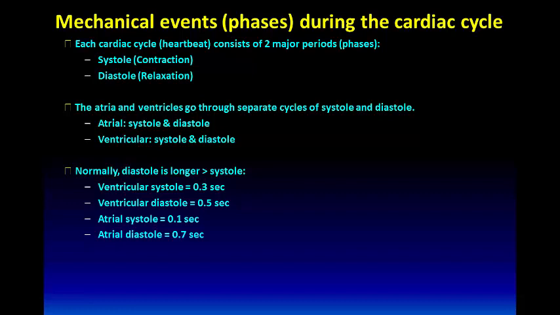The ventricular systole lasts for approximately 0.3 of a second at rest, and the ventricular diastole lasts for 0.5 of a second at rest. Atrial systole lasts for 0.1 of a second at rest, and atrial diastole lasts for 0.7 of a second at rest.